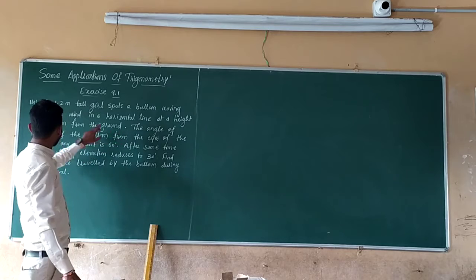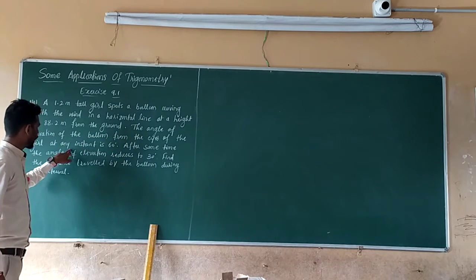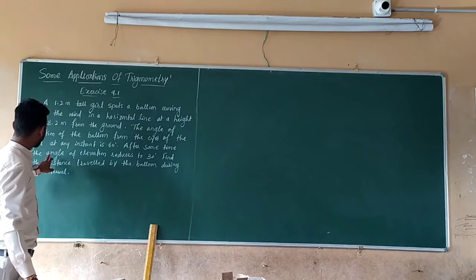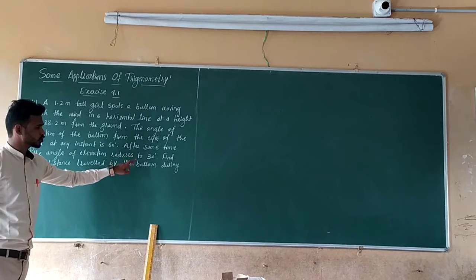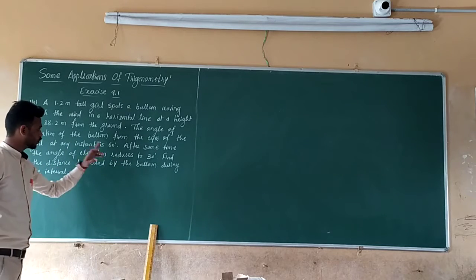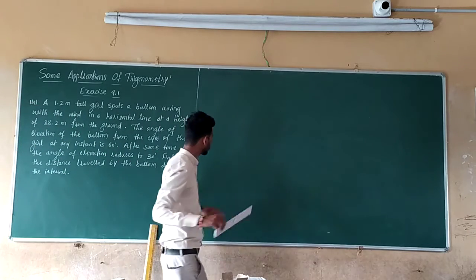The angle of elevation of the balloon from the eyes of the girl at any instant is 60 degree. After some time, the angle of elevation reduces to 30 degree. Then find the distance traveled by the balloon during the interval. Let us see here.